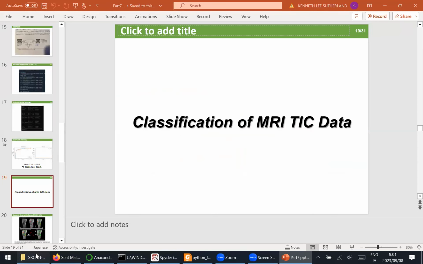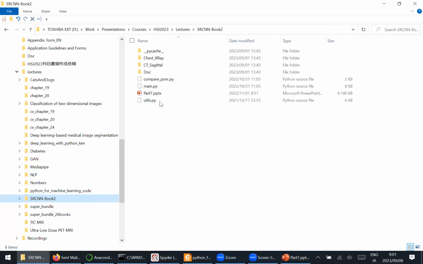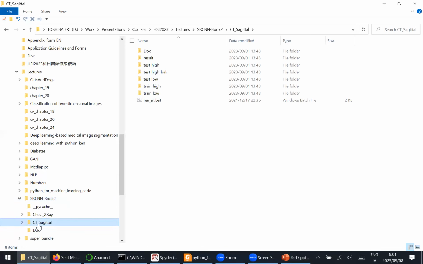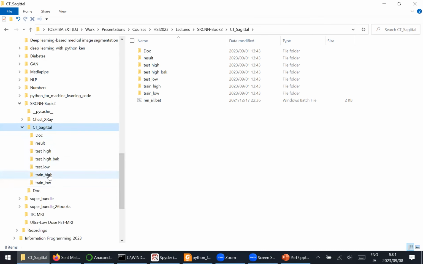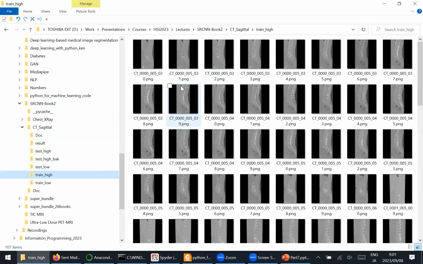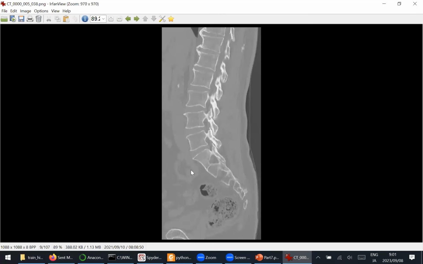If you're interested in pursuing this, I have the code here and some sample data. For example, these are the high resolution images, 1080.